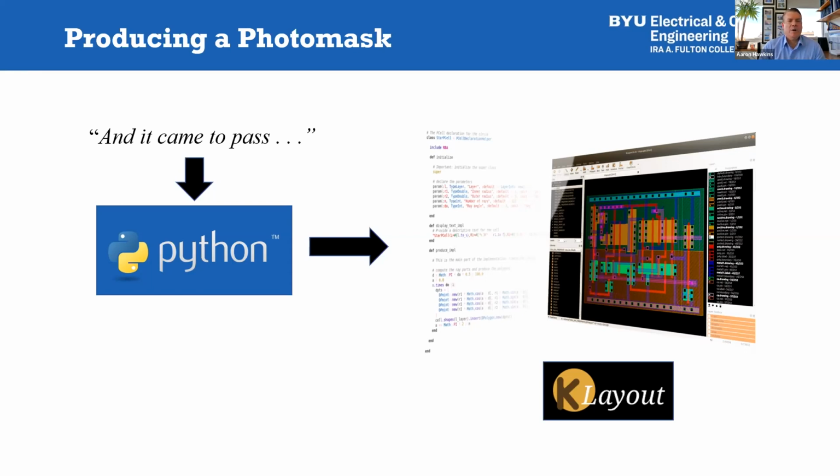I thought this would take a while, but next day they came back and said, we've got it figured out. So they started Googling and found that someone had already written a Python script to take a string and pass it into a program called KLayout, and KLayout then produces the design that goes on the photomask. So they then created another Python script to pull in the text and pass it in as strings into KLayout.